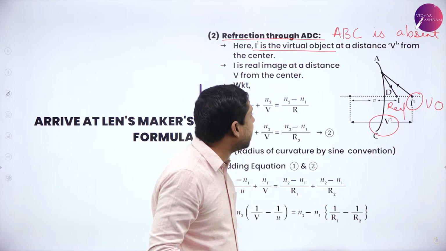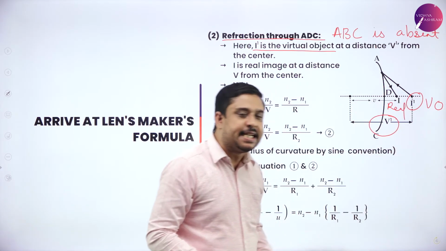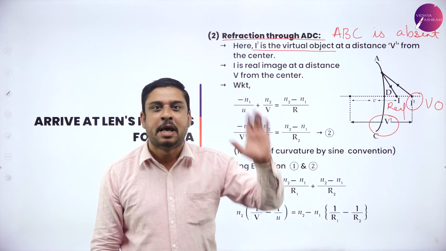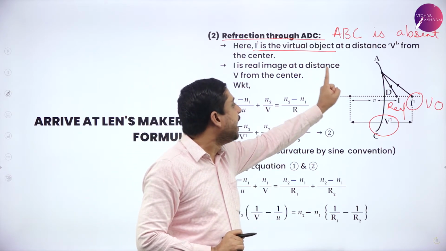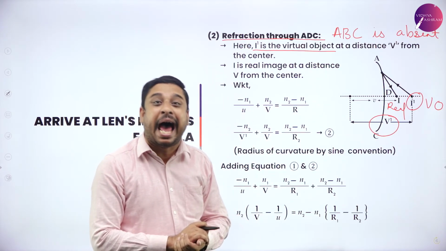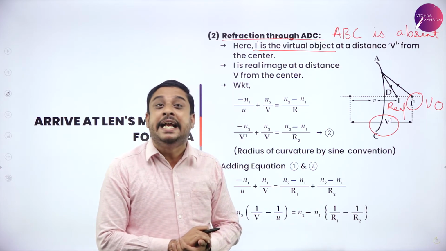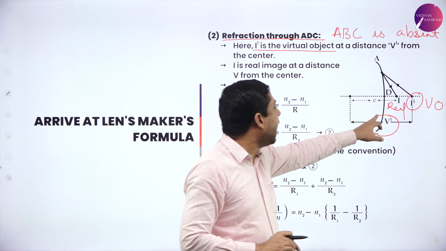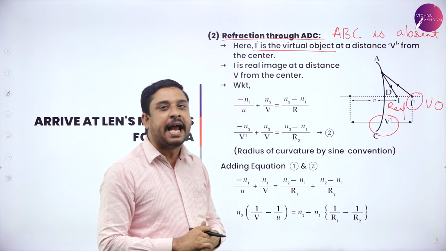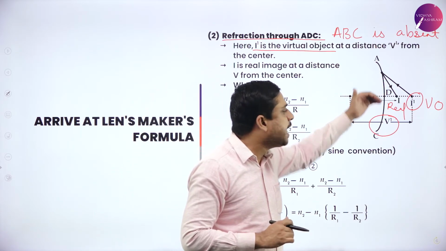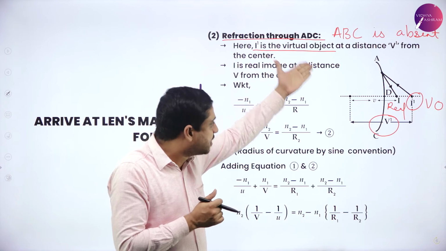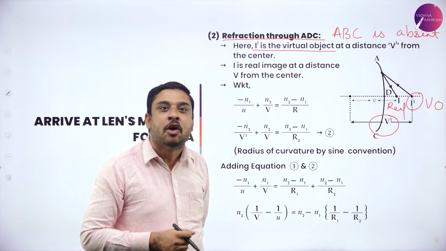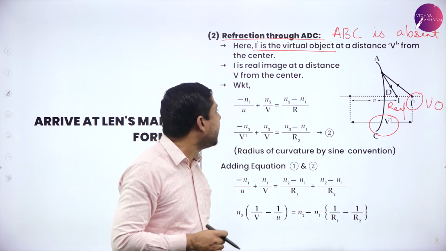Now I is the real image formed at a distance V. So here in this case, because I have considered ADC is absent, I dash behaves as virtual object at a distance V dash from the center. I, by the previous description, since you have ADC, is the real image formed at a distance V.